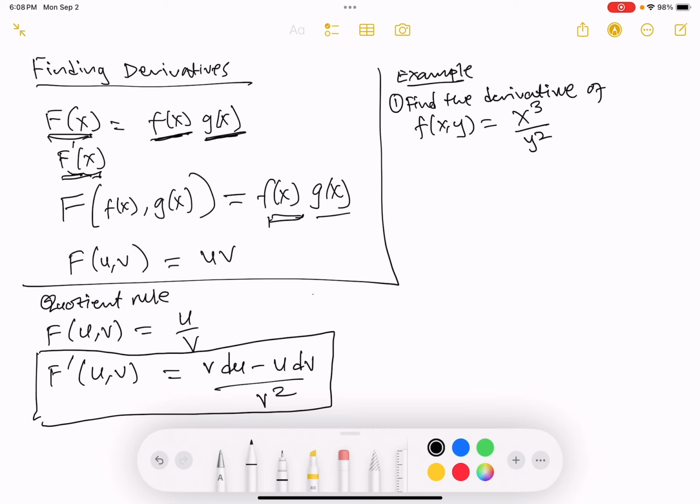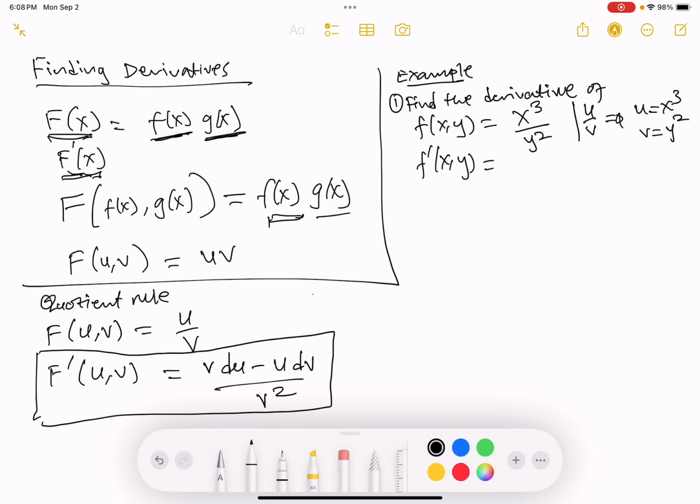How would you find that? So in this particular case, f prime of xy is given by, what is our u? So u is equal to x cubed, v is equal to y squared, essentially.